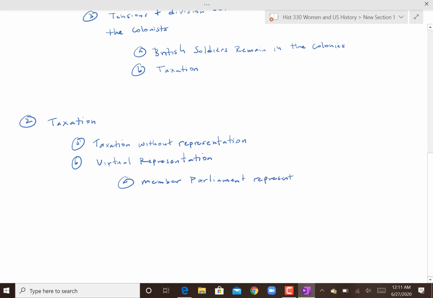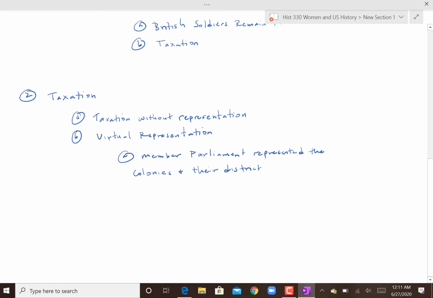See, we assigned this person to be your representative. And they're like, wait, but they live in England and they already have a district. And they're like, yeah, but they're just taking on yours as well. And they're like, that's not representation. That's crap representation. We need someone that represents from here, that actually knows what's going on, someone that lives here and knows what the issues are. And that was a fundamental disagreement between the British and the colonists.